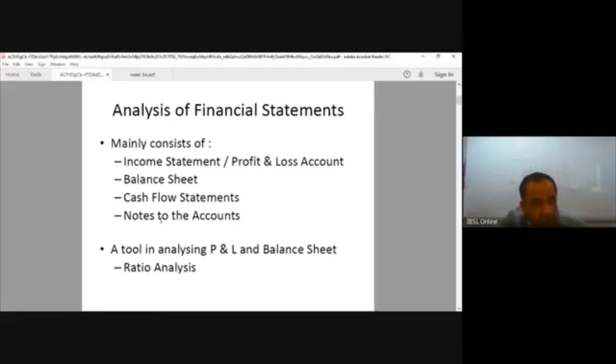Actually how much is paid, how much has been received, how much cash has flowed in, how much has flowed out. And then at the end of the day, it will give the net cash balance in the account, whether it is negative or positive.